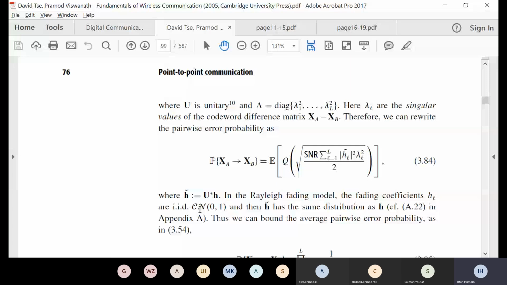Rayleigh has both the noises in the I and Q channel, so it becomes a Rayleigh channel. And so H delta, which is actually U into H, is also Rayleigh, because U is again an orthonormal transformation.